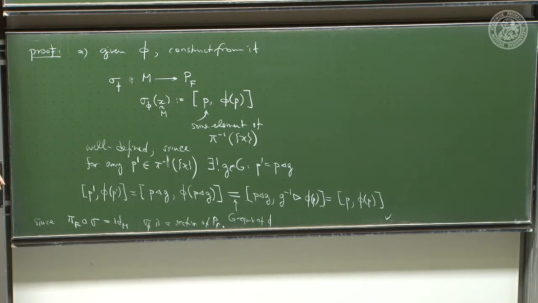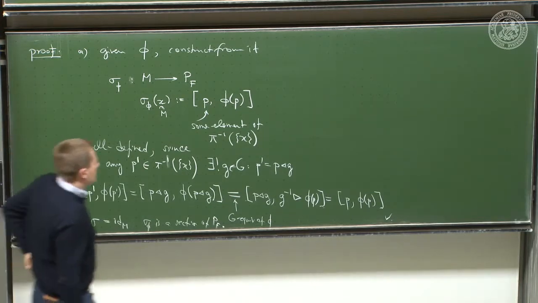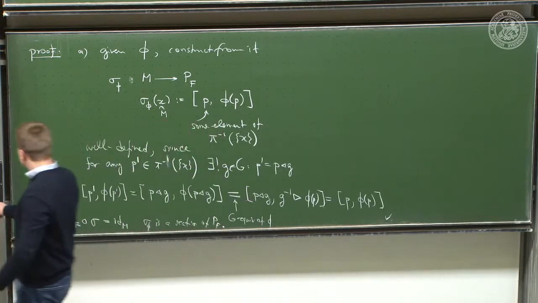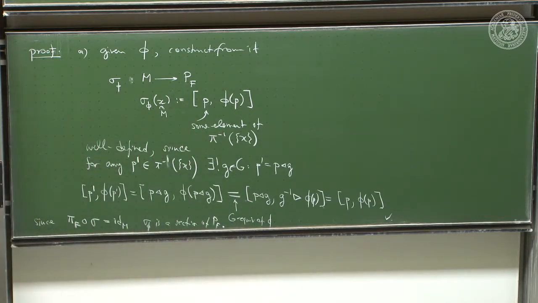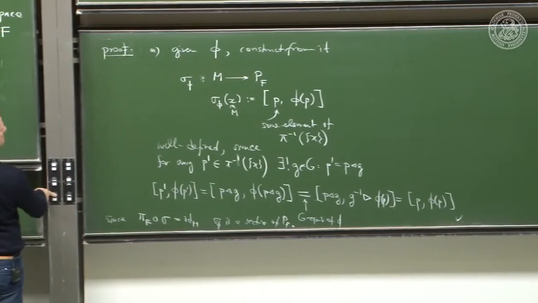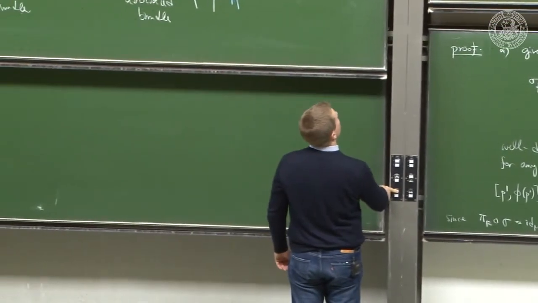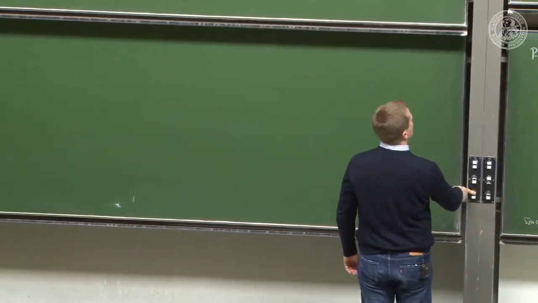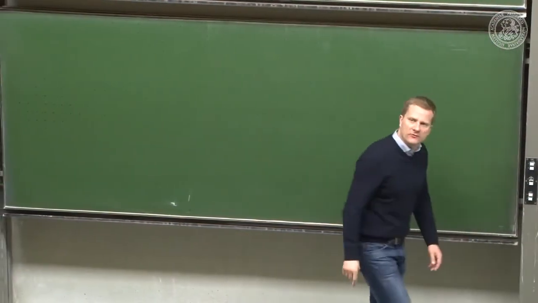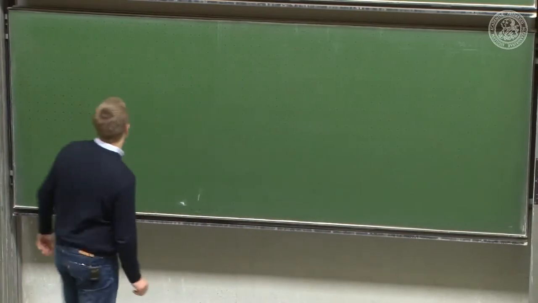That's one direction. Now we go the other way. So we first construct the two maps, and in the end we have to show that really no information is lost by going back and forth.